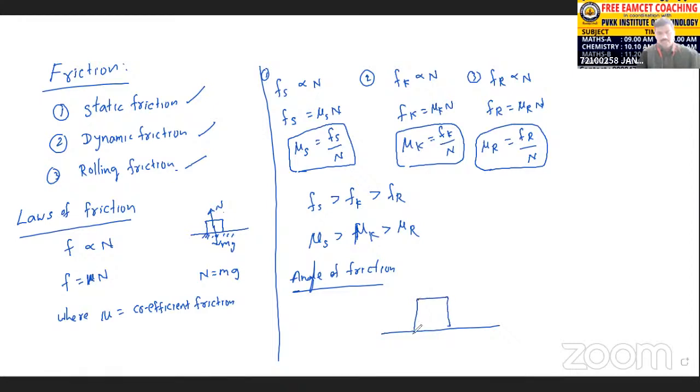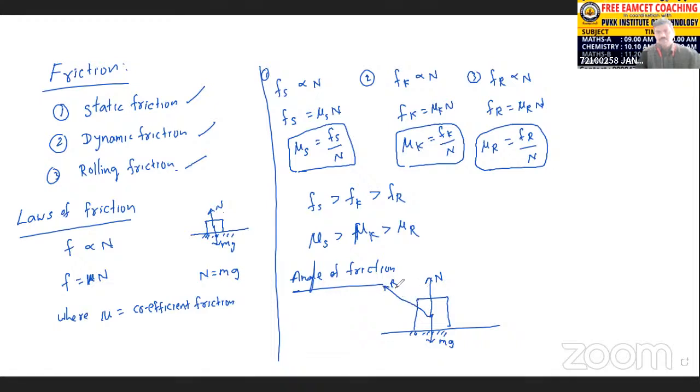The weight of the body acts in the downward direction, mg. Normal reaction N acts in the upward direction. This is the resultant force R.